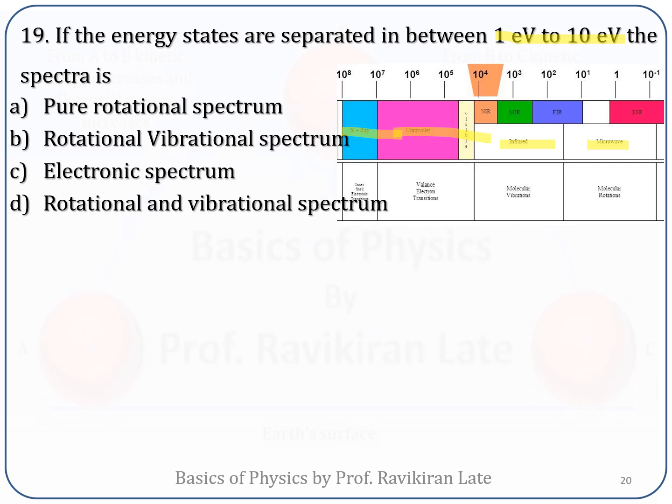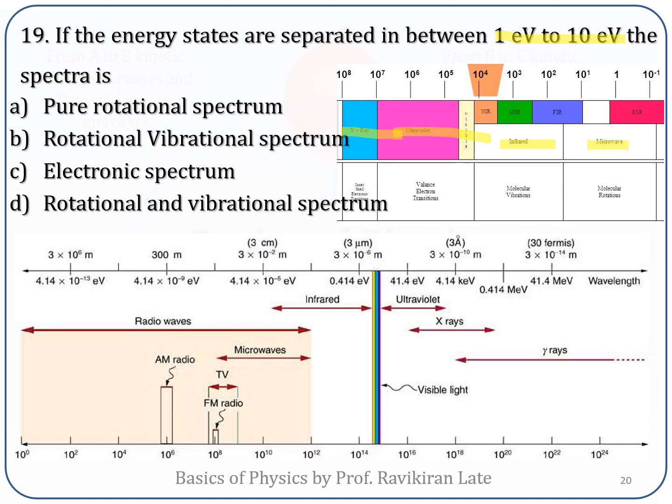From gamma rays to radio waves the energy decreases, or the wavelength increases. From radio waves to gamma rays, the energy increases.